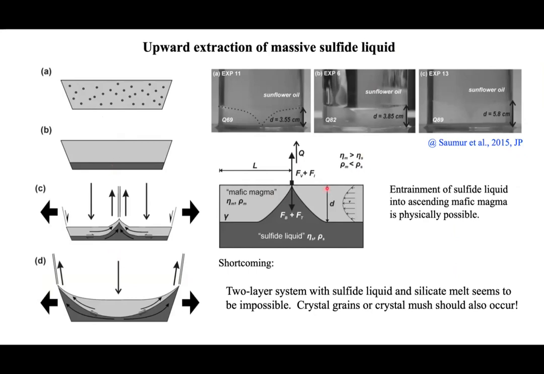During extraction of the silicate melt, it will take some part of the sulfide liquid upward too. But this experiment has a shortcoming, because just two layers of sulfide liquid and silicate melt seem impossible in a natural system. Secondly, this system should have some crystal mesh in it.